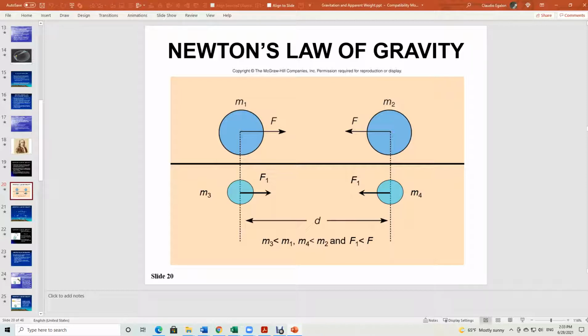What Newton found out as well was that if the mass is smaller, here you go, m3 less than m1 and m4 less than m2, the force is going to be smaller as well. We are keeping the distance constant. That's one side of the coin.